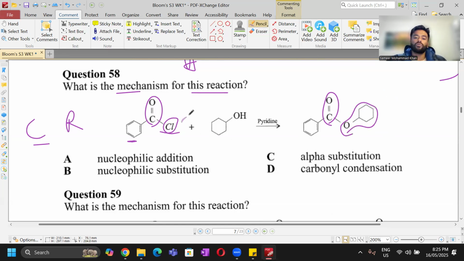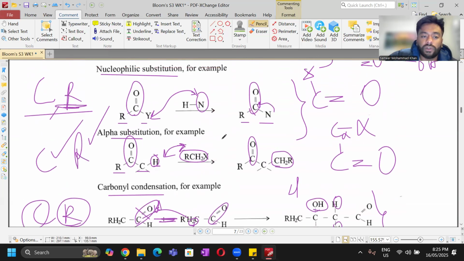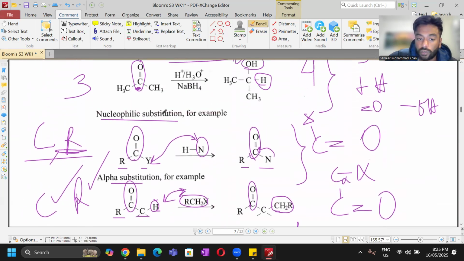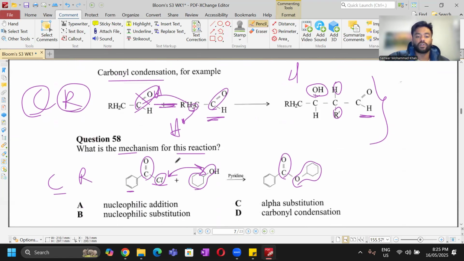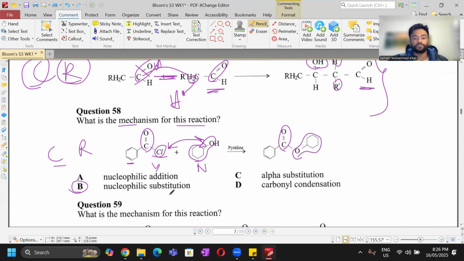So really, it must have been a substitution of sorts that occurs here. And this substitution, again, spatial geometry, occurs on your central carbon. What fits that bill? If we look all the way up here, in nucleophilic substitution, that substitution of Y and N occurs on the central carbon. So likewise here, that substitution of the Y and the N occurs on the central carbon, meaning that this is an example of nucleophilic substitution.